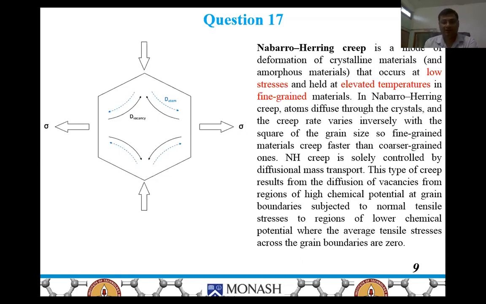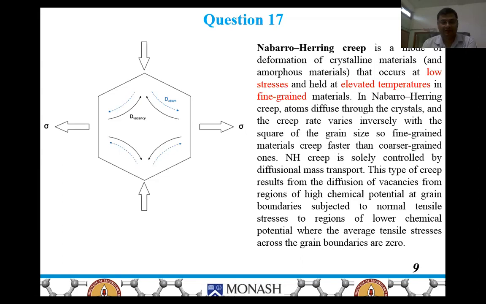Nabarro-Herring creep is solely controlled by diffusional mass transport. This type of creep results from diffusion of vacancies from regions of high chemical potential at grain boundaries subjected to normal tensile stress, to regions of lower chemical potential where average tensile stresses across the grain boundaries are zero.